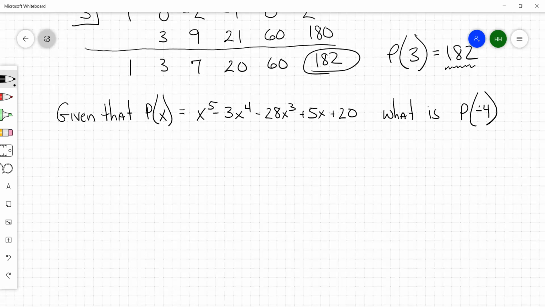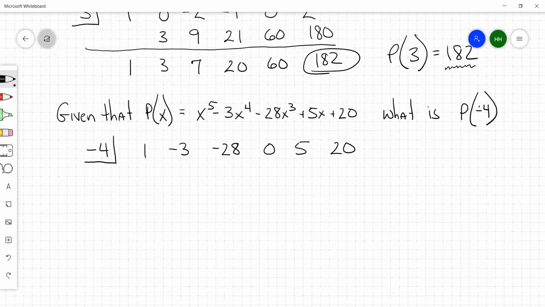All right, so the -4 goes right here. And then pay attention to your exponents. So we got a 1, a -3, a -28. We're missing an x squared, so it's a filler with a 0. Then a 5, and then a 20. 5, 4, 3. There's the 2, the 1, 0.